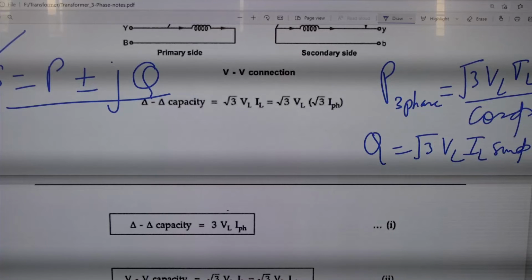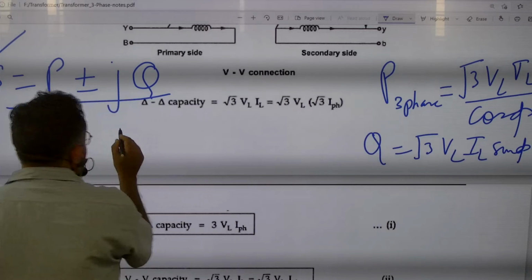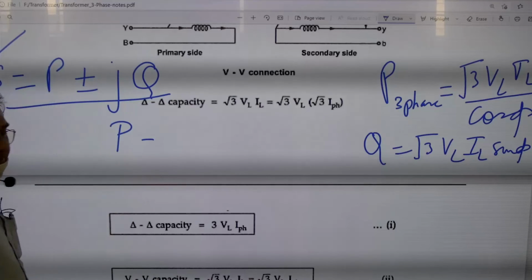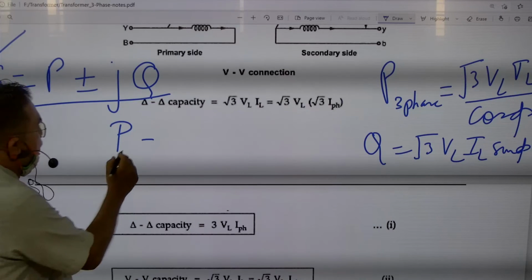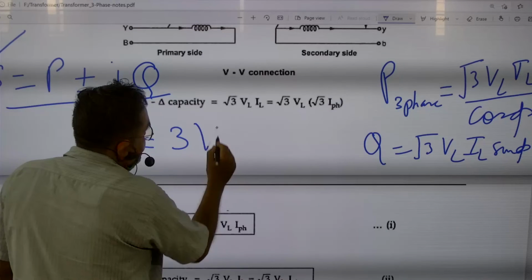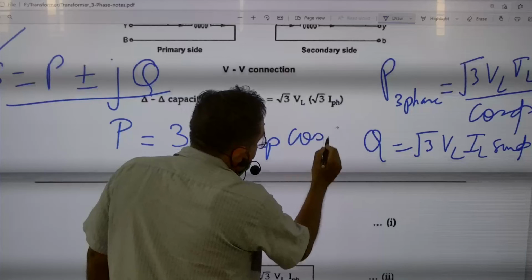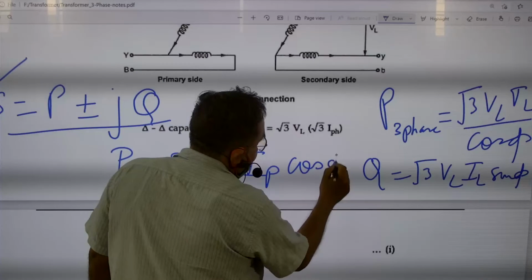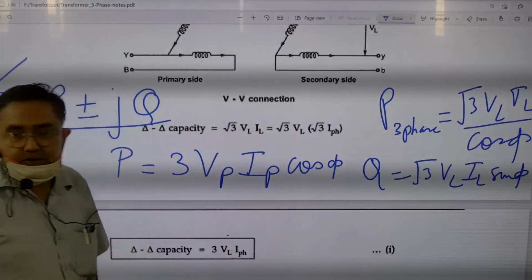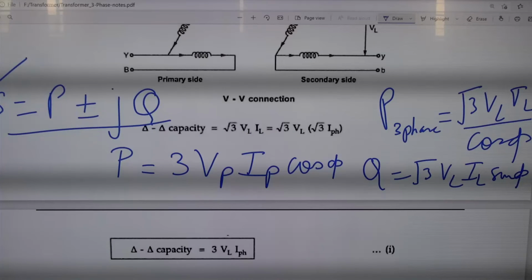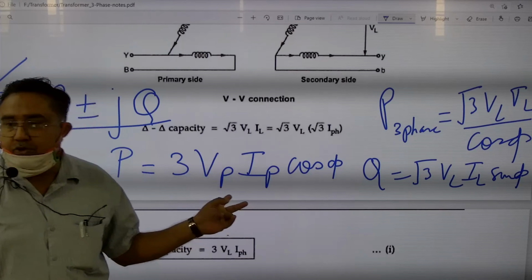In fact, the proper definition of active power in a three phase circuit in terms of phase quantities is 3 times V phase I phase cos phi. Do you know this? स्टार में V फेज कितना हो जाता है?